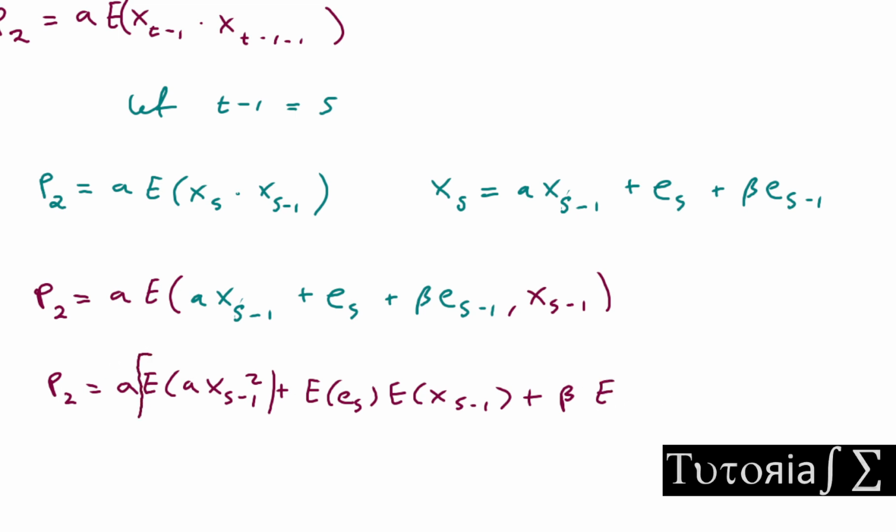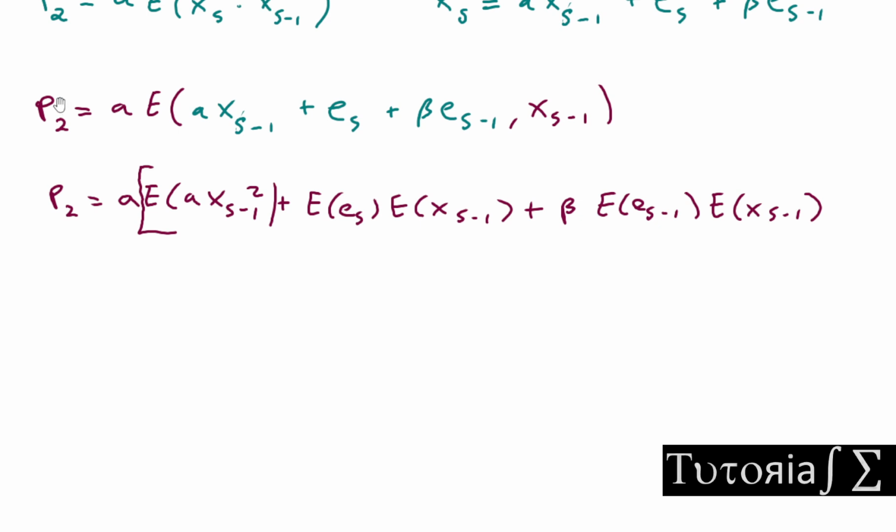plus beta expectation of, remember the alpha is distributing everything, but we're not distributing it yet. So times expectation of e_{s-1} times expectation of x_{s-1}, right? So just like before, expectation of this is 0 and that is 0, so this will be 0. What we're going to remain with is row 2 being equal to a expectation of a x_{s-1} squared.